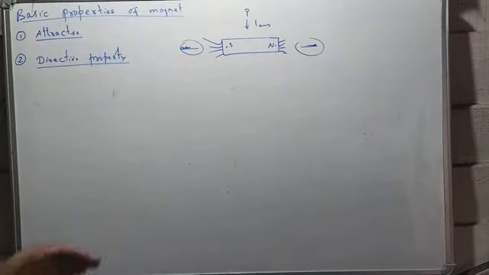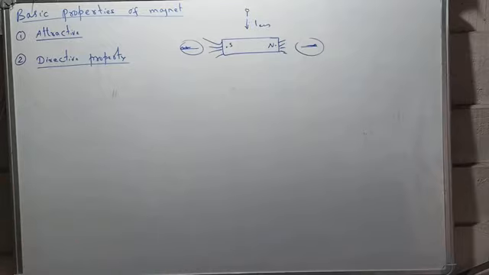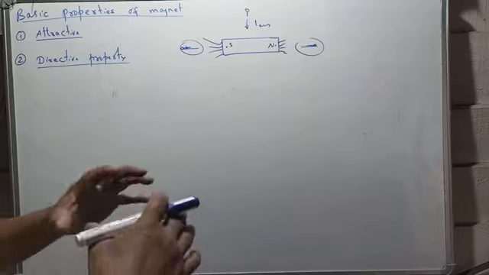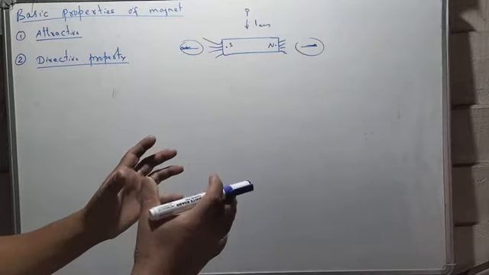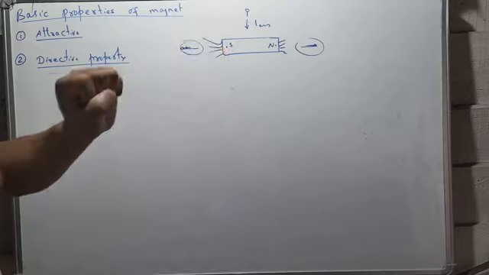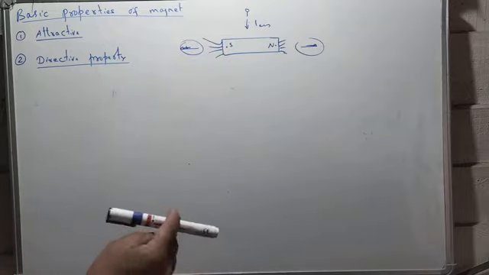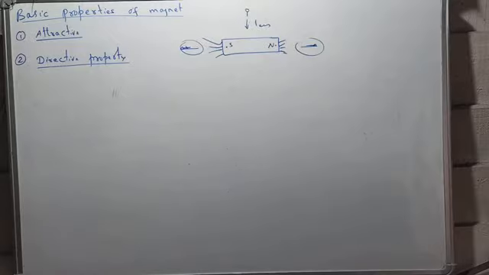This magnet will always point in the north-south direction of the earth. Because we know that the earth has a geographical north and south. So when this magnet is suspended freely, it will point in the north-south directions of the earth.